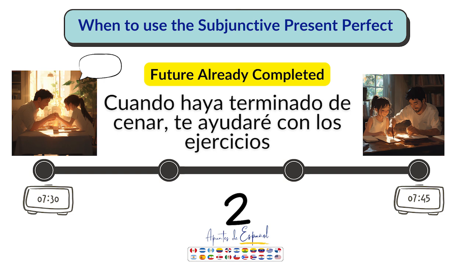That situation is from the perspective of a future event. So the present perfect subjunctive can also be a way of expressing yourself in the future, in relation to a situation you are referring to. As in the example, cuando haya terminado, as soon as I finish.